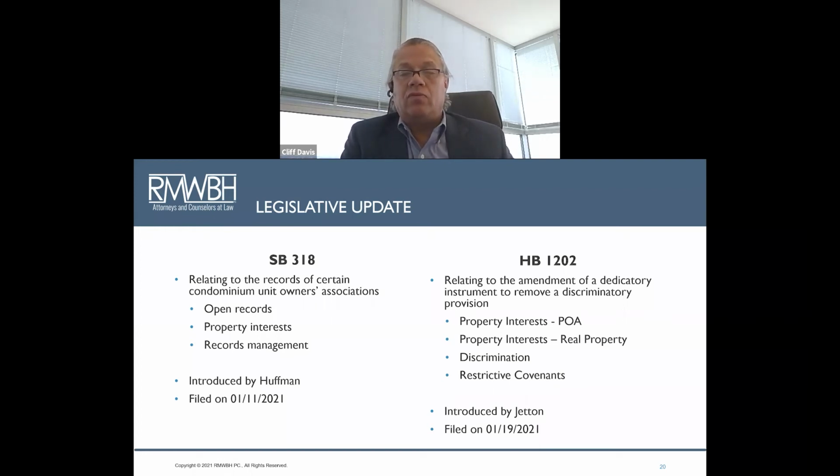The other statute we're watching is one that will give associations the authority to remove discriminatory provisions without having to get a vote of the owners. As some of you may or may not know, there are older restrictions out there that contain racial restrictions that state that certain persons can't buy a property in the subdivision. It's been difficult for a lot of those associations, especially subdivisions that don't have an association, to amend those documents.